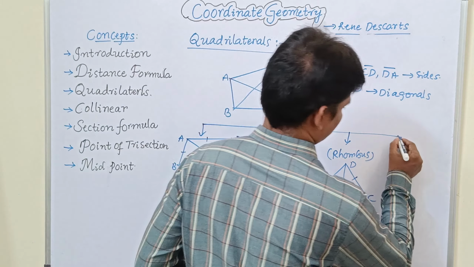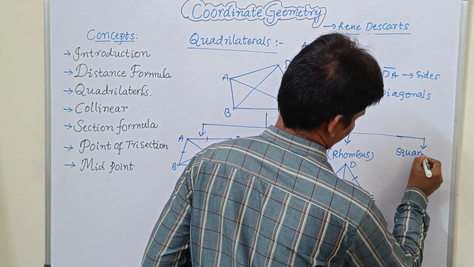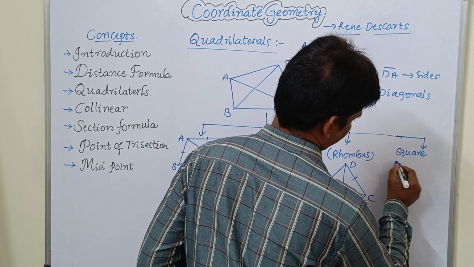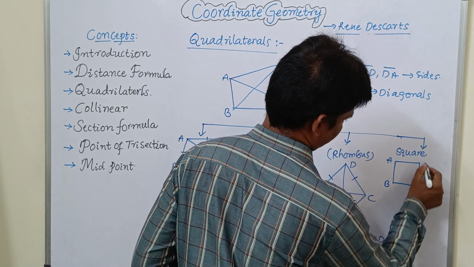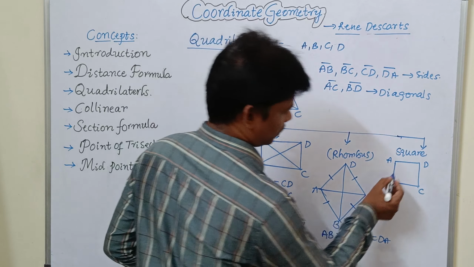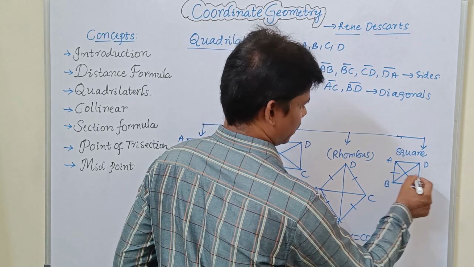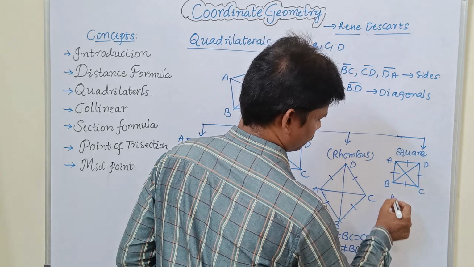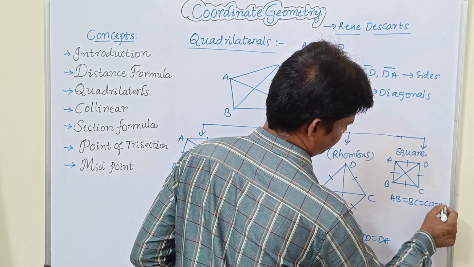And the last one is the square. In a square, suppose ABCD is a square with four different points. AC and BD are the diagonals. The four sides of a square are equal: AB, BC, CD and DA.